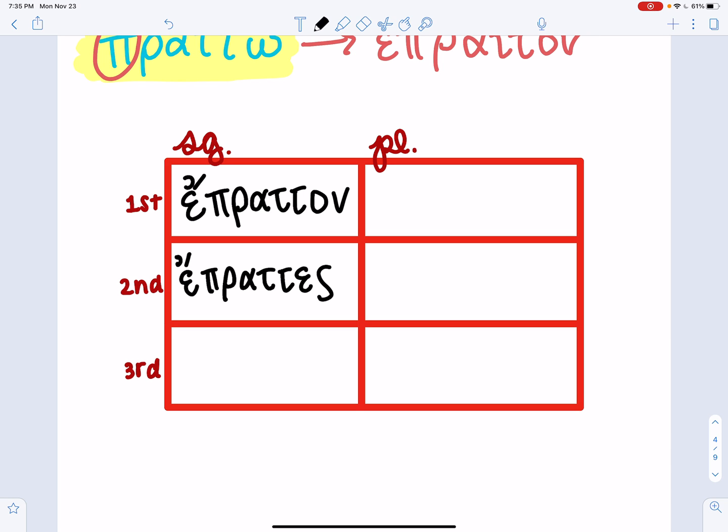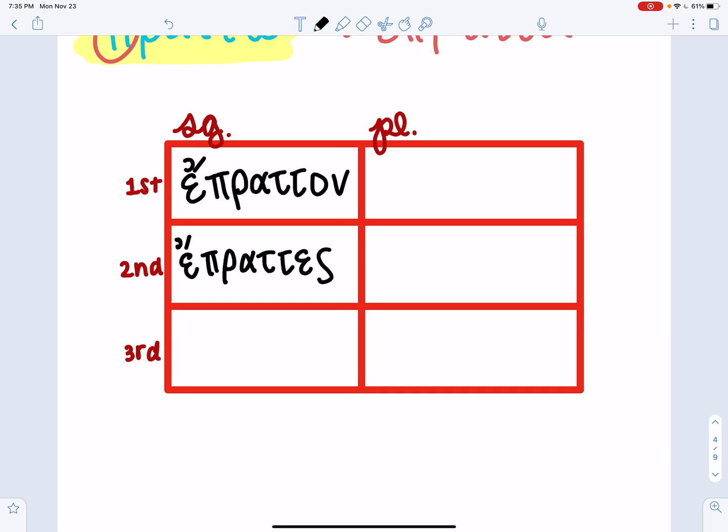Eprates. All right, and then our third person singular, we have eprate. And we're going to go smooth breathing, and that epsilon on the end is short again, so back 2 syllables, and we end up with eprate.